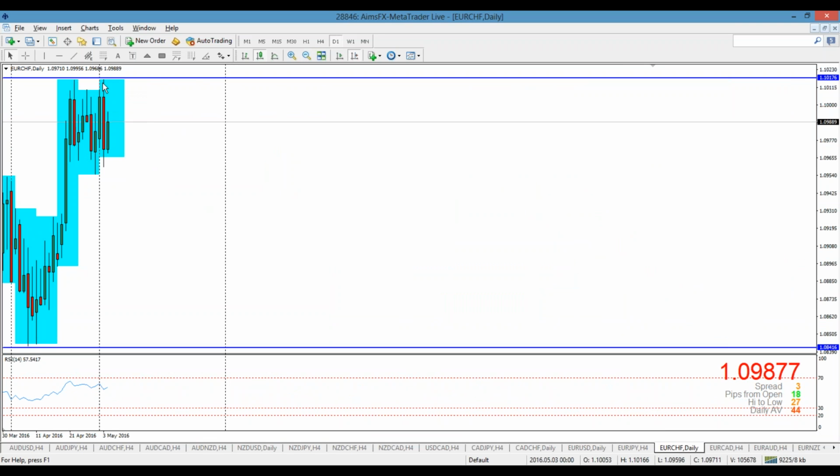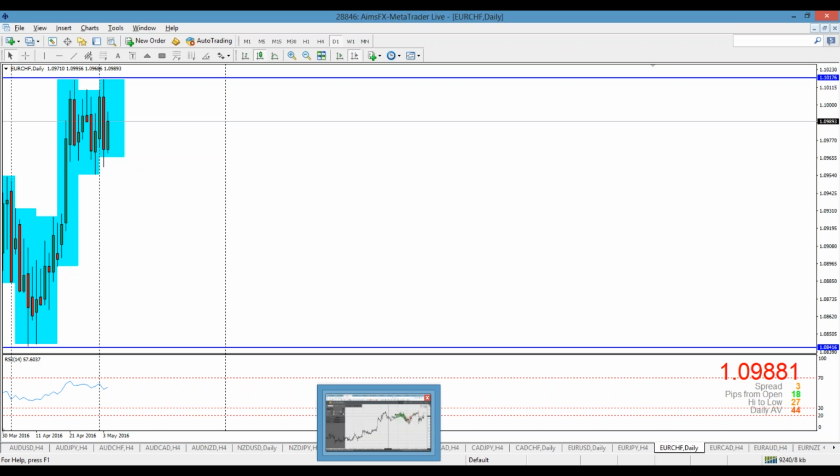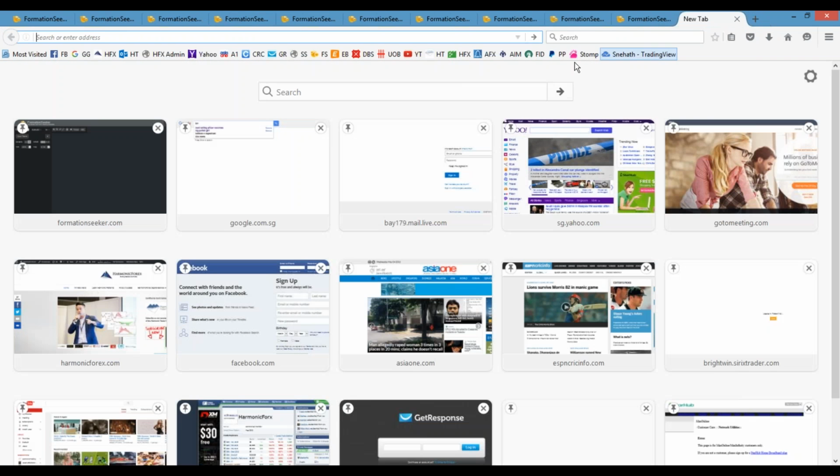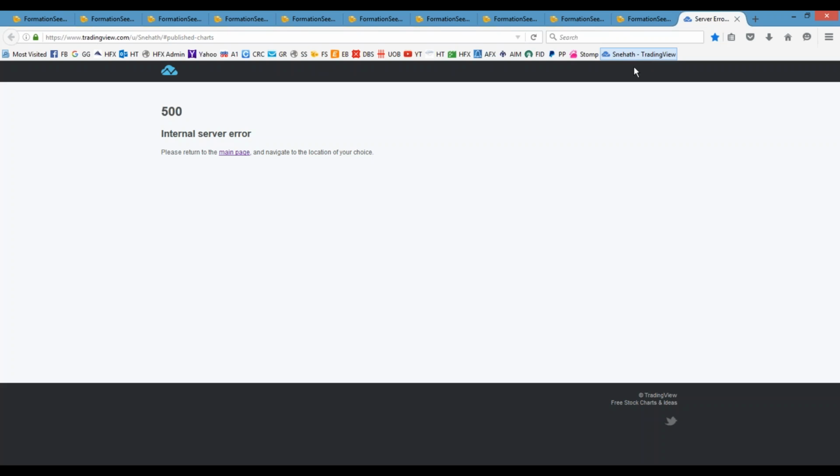So during this test, I saw a pattern somewhere here, and I felt it was a good level to short, because whenever you have a monthly high or a weekly high coinciding with a harmonic pattern, I feel those are the most powerful, and that's why I was quite happy to take that. So let me see if this works again. Okay, I'll try to go to the main page, which also doesn't work.